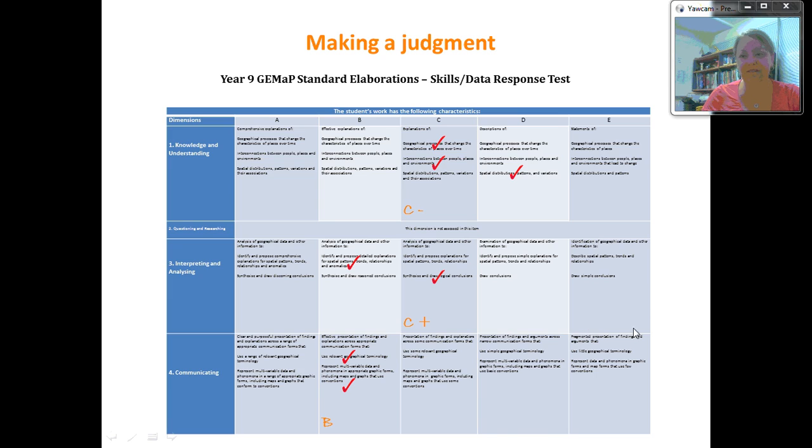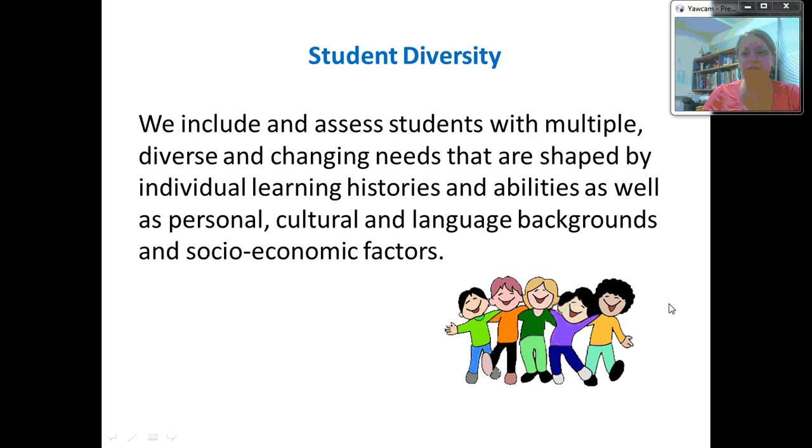That's very, very important. I just want to end off with a little comment about student diversity. I know we all use this in our practice, and it's really an unwritten rule, I suppose, but I just want to stress that we do need to assess students with multiple needs and changing needs, considering their personal and socio-economic cultural factors.